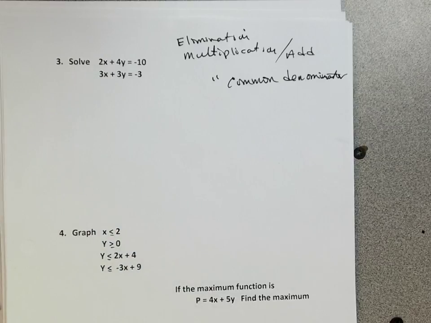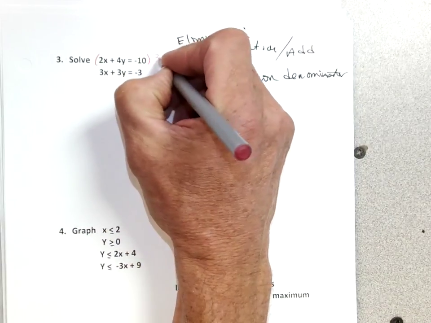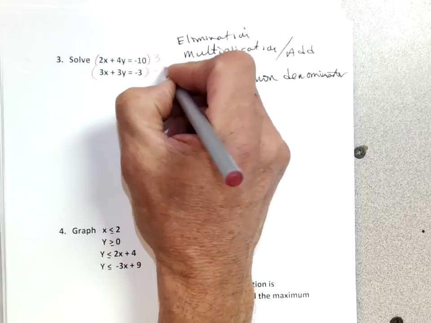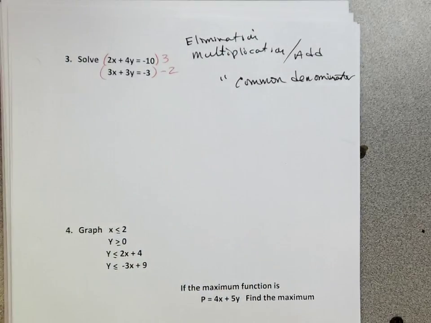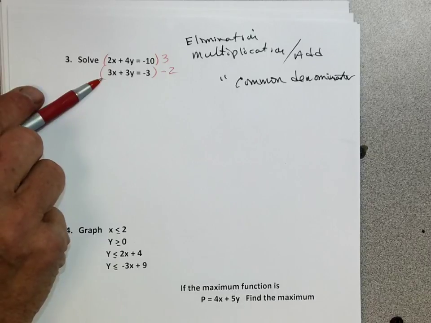Let me grab a red pen so I can show my work. If I multiply this one by 3 and the second equation by negative 2, I'd wind up with a 6x and a negative 6x.